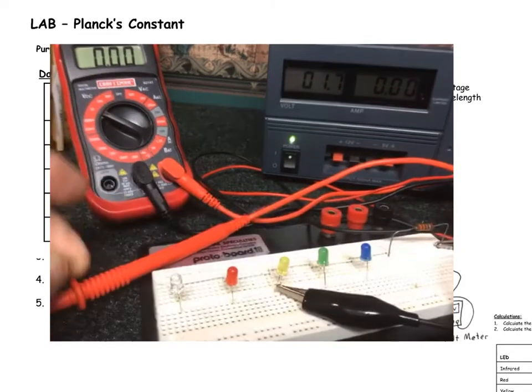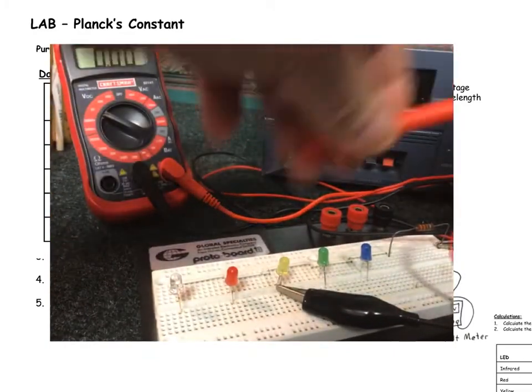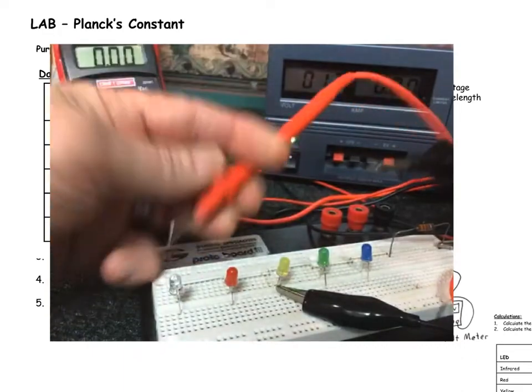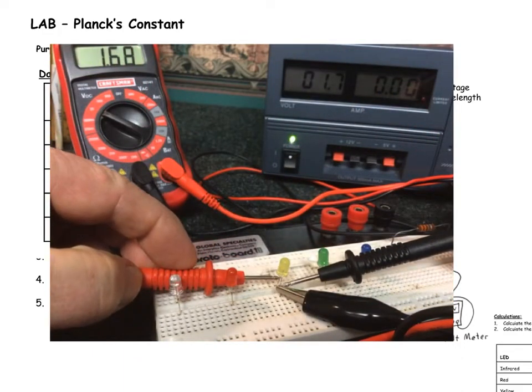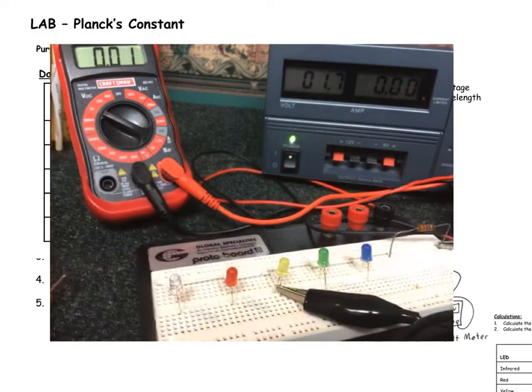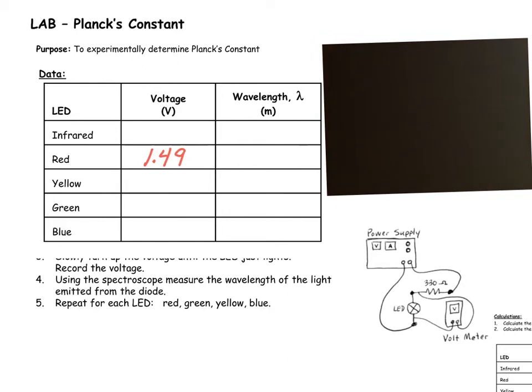And with the voltmeter, measure the voltage across it. 1.68. We shall record that for the yellow one, 1.68.